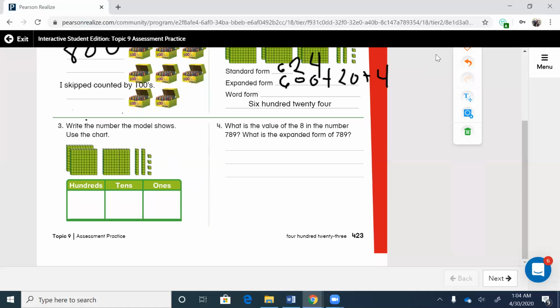Number 3, write the number the model shows. Use this chart. So I love these charts. I think it really helps for a visual. So you can see clearly hundreds, tens, ones, and you just put the amount in the appropriate box. Start with the hundreds. Let's count. 1, 2, 3.